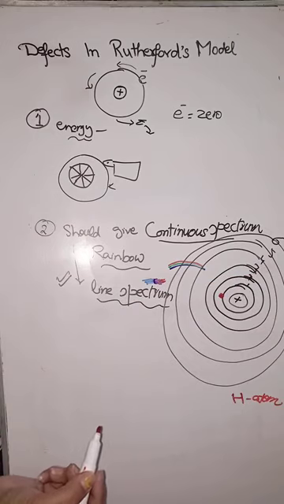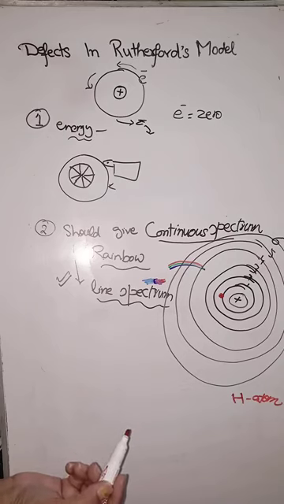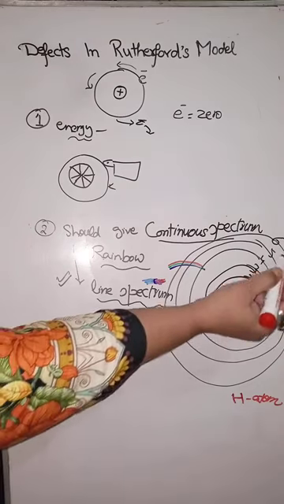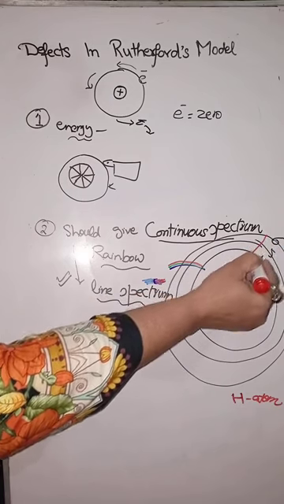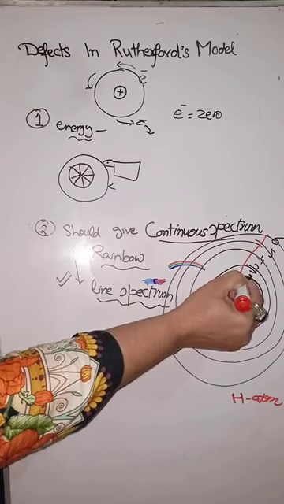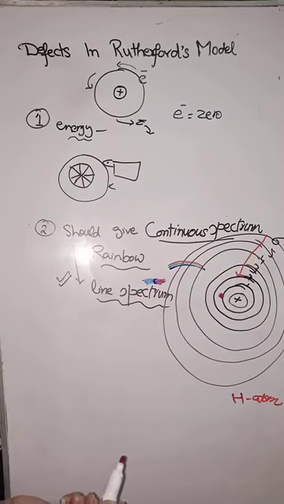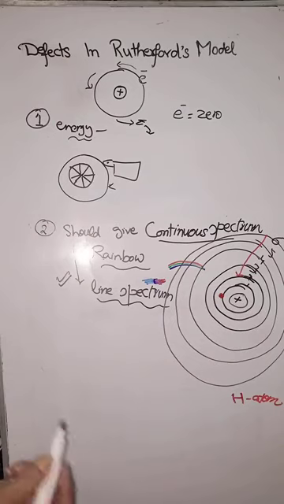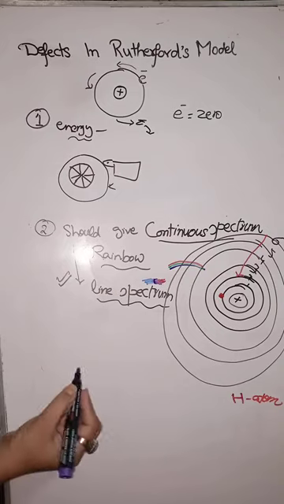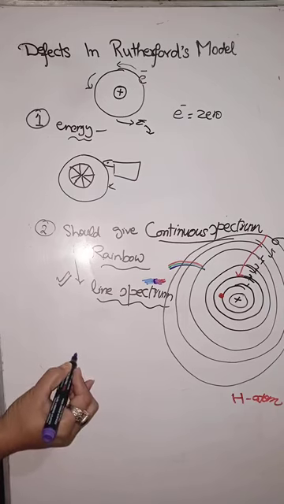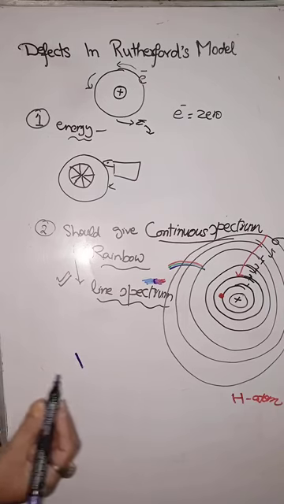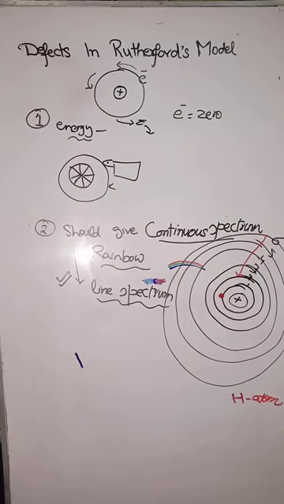So he said that when an electron jumps from the sixth orbit to the second orbit, it radiates energy in the form of a line, and that line is a purple line.